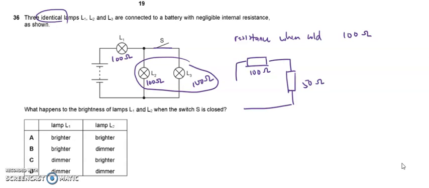Alright, so when a PD is applied across it, this will now take up more voltage, a more potential drop than this one. So it will be even more than the previous case, so L1 will light up brighter now, and this will have less potential difference, and therefore L2 will be dimmer now. Right? So the answer is B.